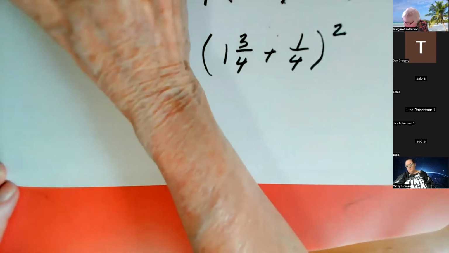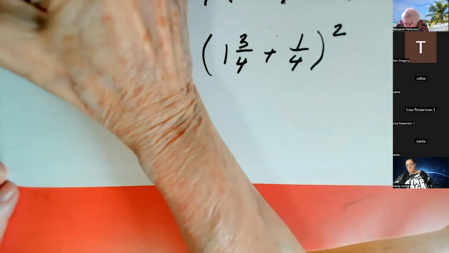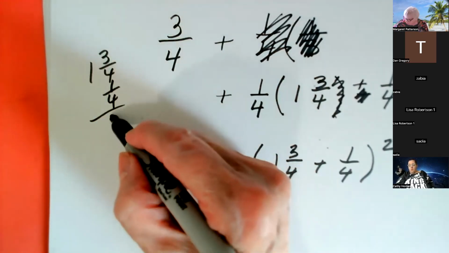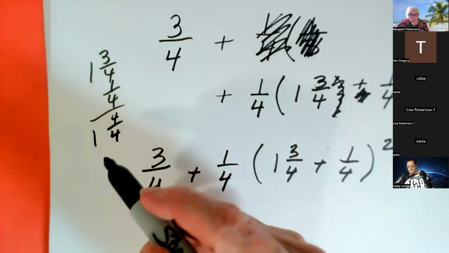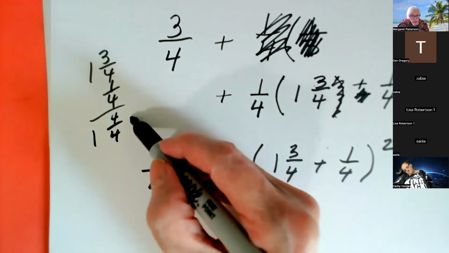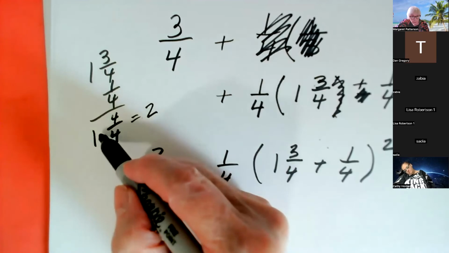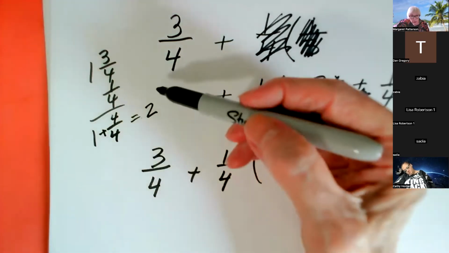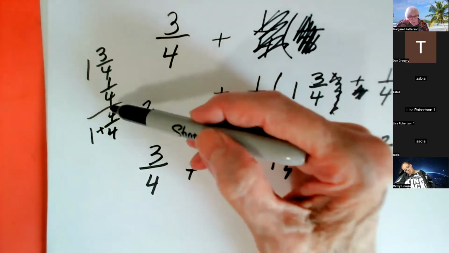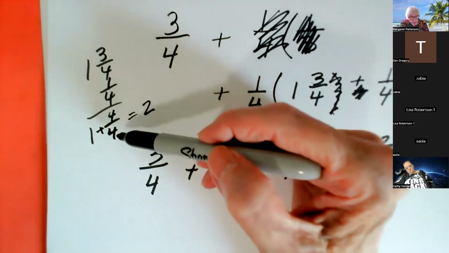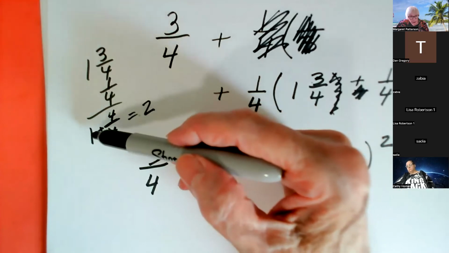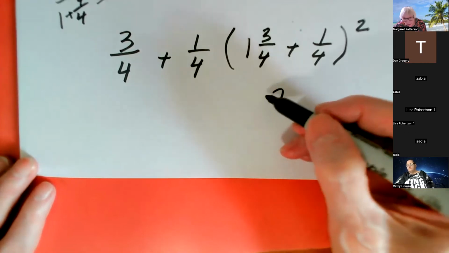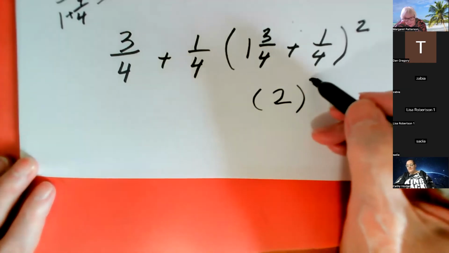Again, if you're thinking money, 1 3/4 and 1/4 make 4/4. And 1 4/4 actually makes 2, doesn't it? So 3/4 and 1/4 is a full 1, 4/4. That's a full 1 added to the other one makes 2. So what's good about this is this in parentheses ends up being 2.